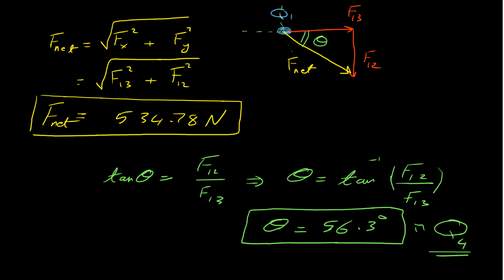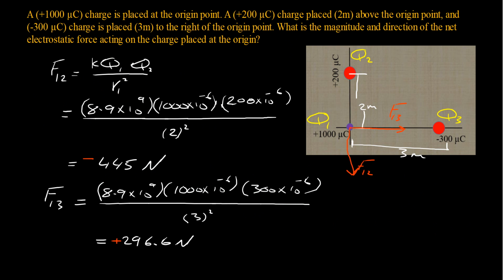So this is the way to handle a question like this. If you have it set up as a triangle, you simplify it by, first of all, calculating the electrostatic force generated from a certain charge on the target charge, and again for the other one.